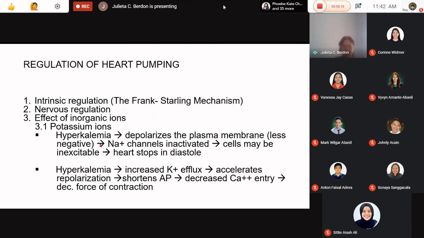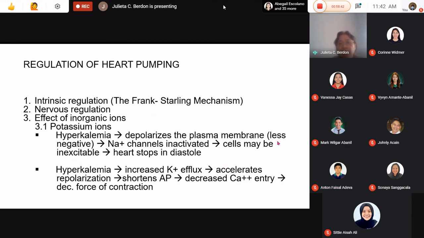Hyperkalemia means high potassium levels. Hypokalemia means it is low. In hyperkalemia, there are two ways that affect cardiac contraction. An increase in potassium level causes depolarization of the plasma membrane, making it less negative.